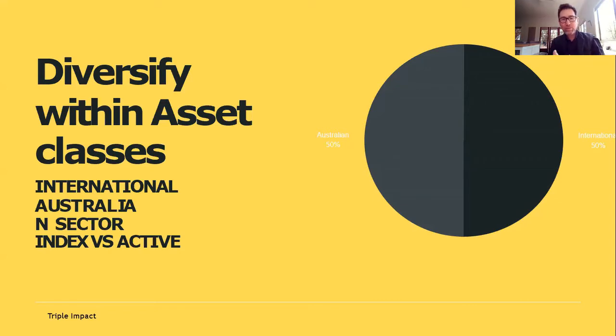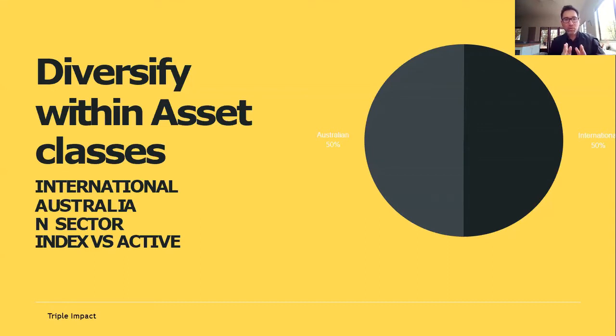By sector I mean different industries. So, for instance, with the share market, you'll have different funds that will either be global or international, or Australian companies.